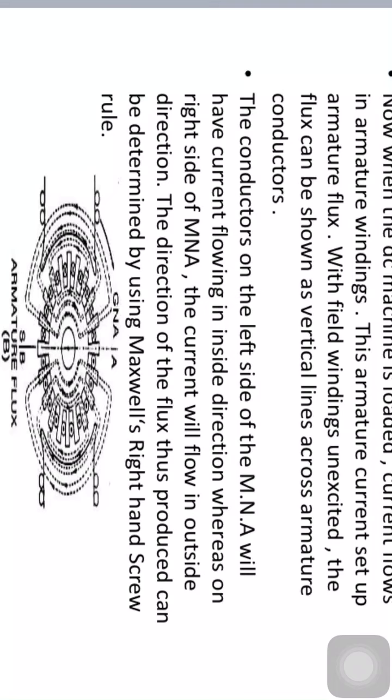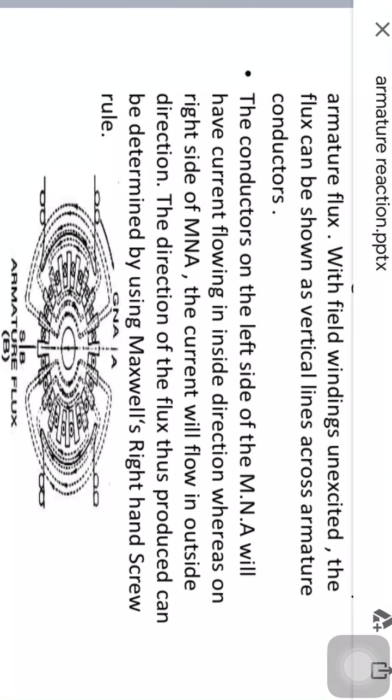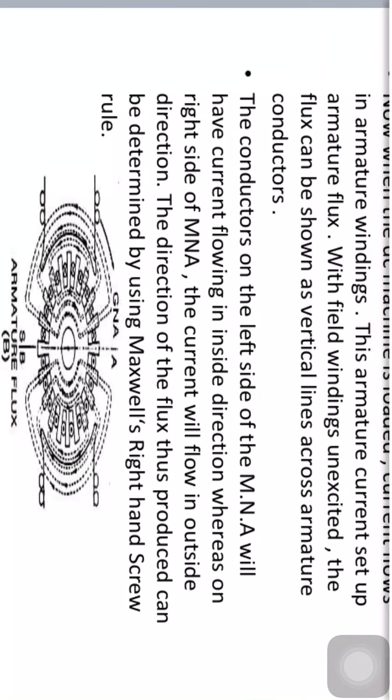Once again, these conductors combine their MMFs to produce a flux through the armature in the downward direction, and similarly the conductors on the right hand side of the armature carry current in the direction out of the paper.